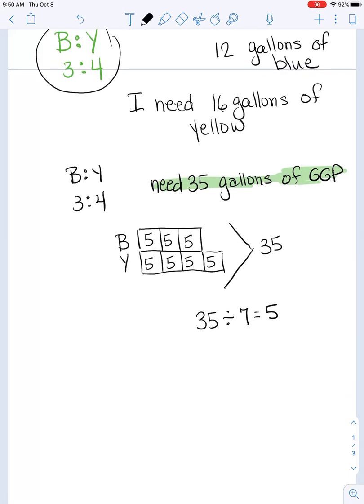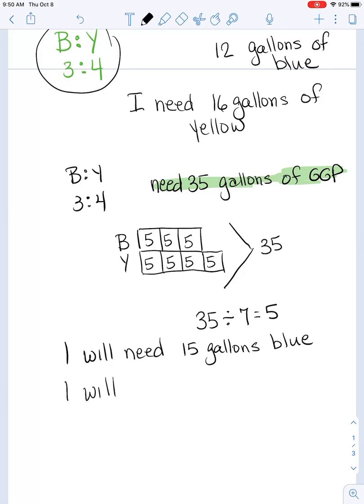Now, I can answer a couple of questions. I can answer the question, how much blue paint will I need to make 35 gallons? And I will need 5, 10, 15. I will need 15 gallons of blue.